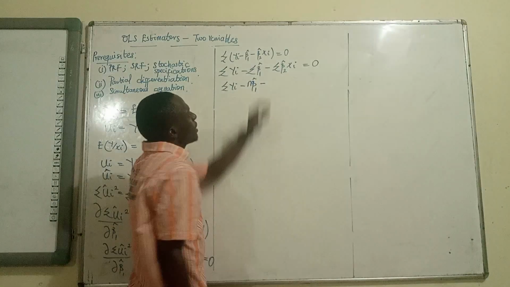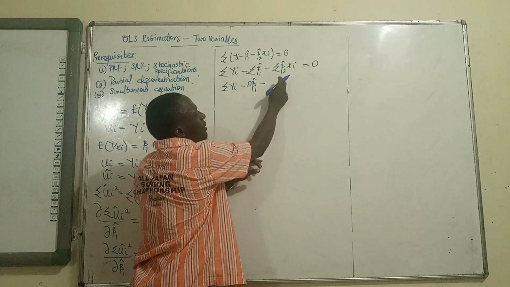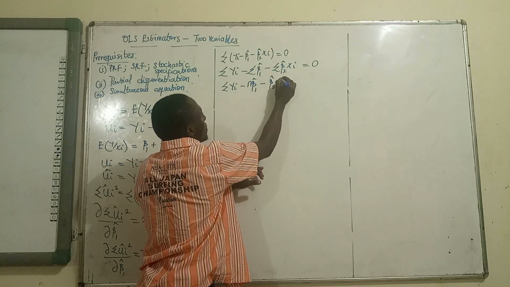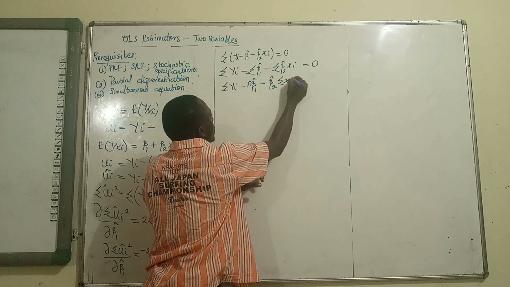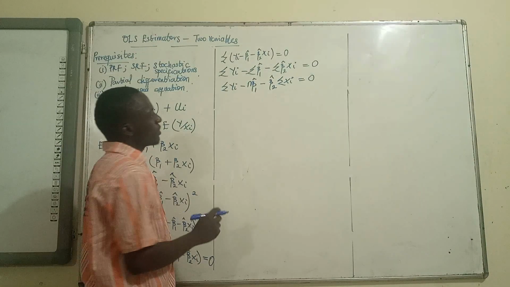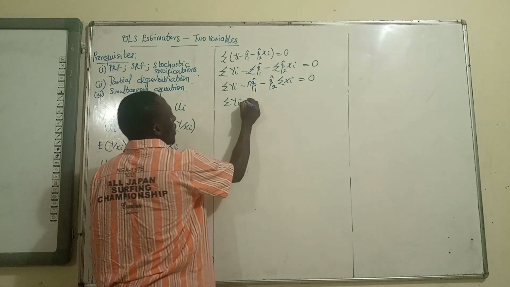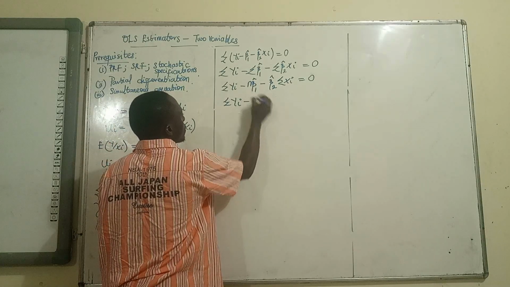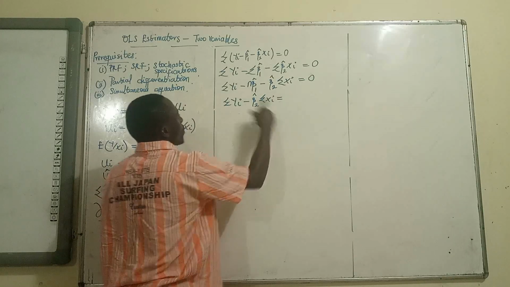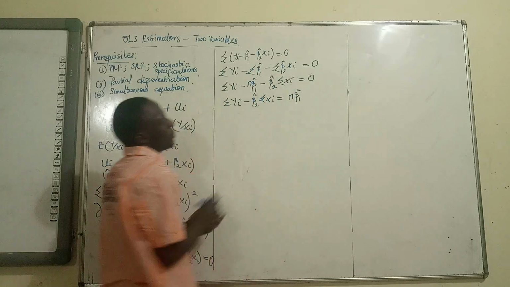So minus, since we have a variable in front of beta 2 cap here, you can always bring this constant out, beta 2 cap, you can always bring it behind and have summation xi equals to 0. So having done this arrangement now, then I have summation yi minus beta 2 cap summation xi equals n beta 1 cap.